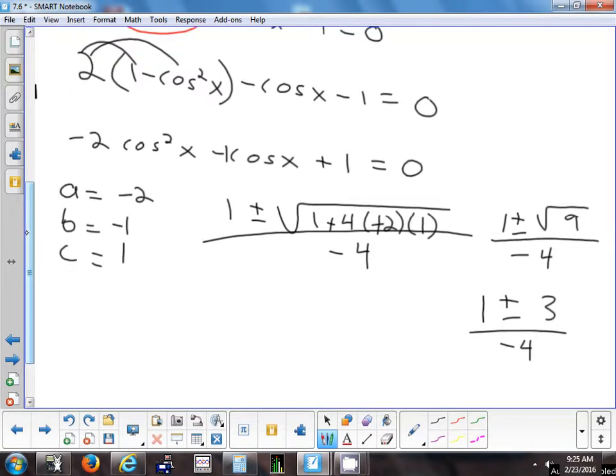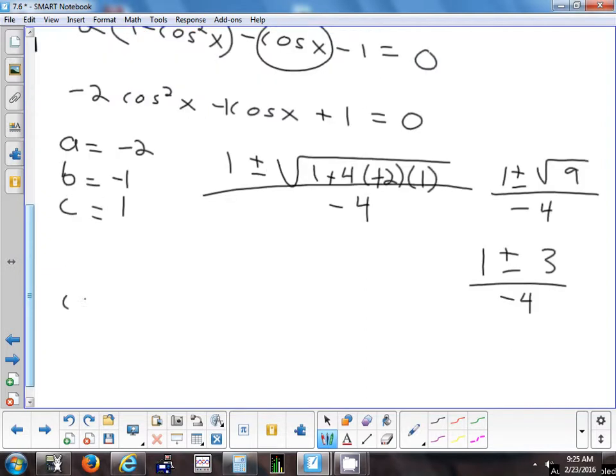Okay. Now, before I do that out, I just want to remember, what am I solving for here? Oh, cosine. I'm solving for cosine x. So I'm going to write cosine x equals, right? Tyler, what's 1 plus 3? 4.